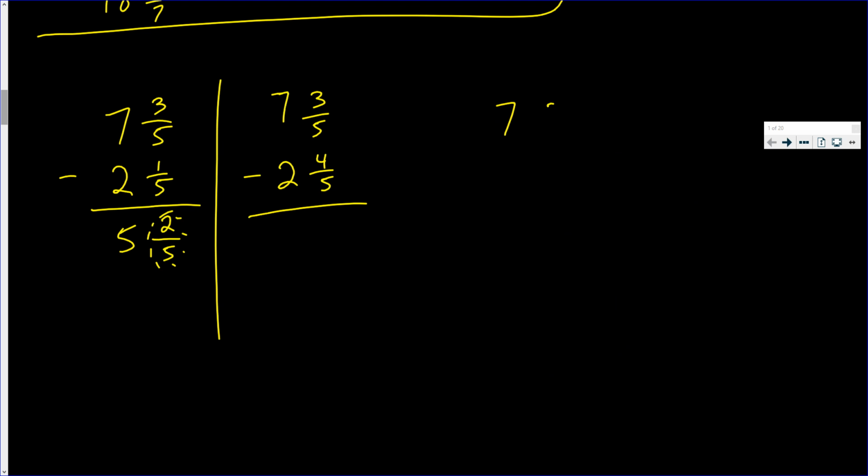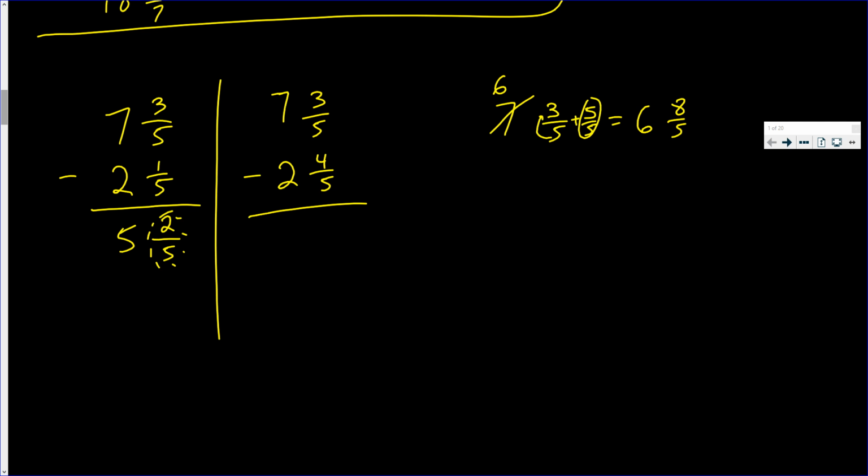If you have 7 3/5 and you borrow 1, so basically you want to add 1 here. How about as 5 over 5? So then you get 6 8/5. What you want to do is add this number to the top.